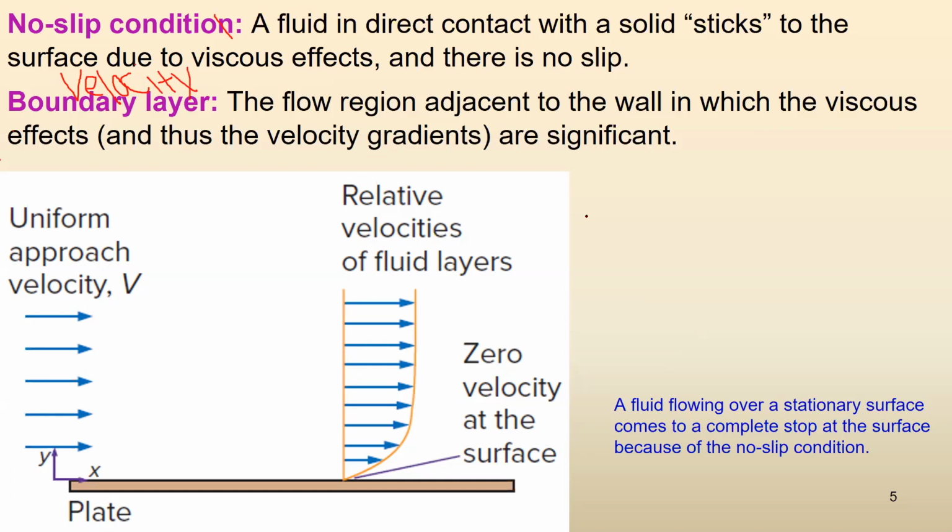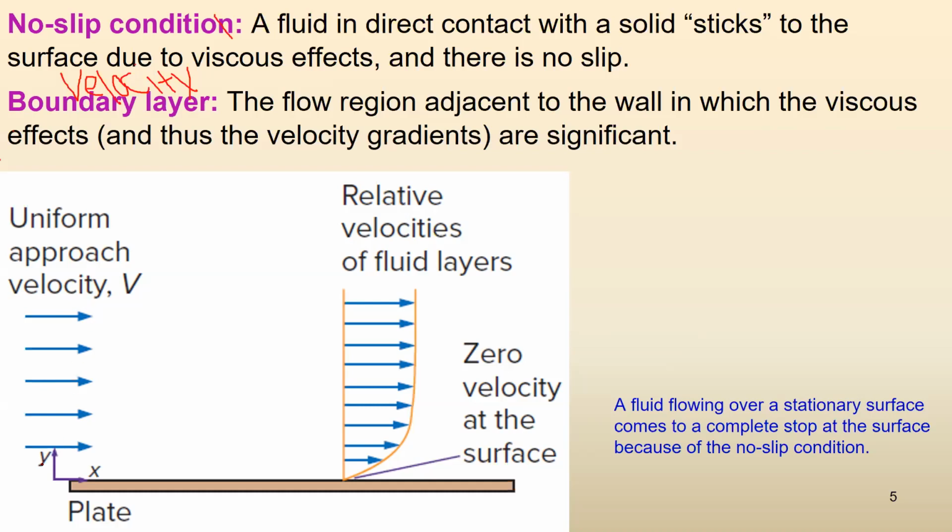Velocity boundary layer is the flow region adjacent to the wall in which the viscous effects are significant. So as a result of viscous effects, we get a velocity distribution. Before reaching the surface, the fluid velocity can be uniform.